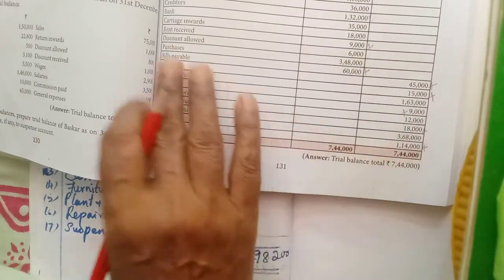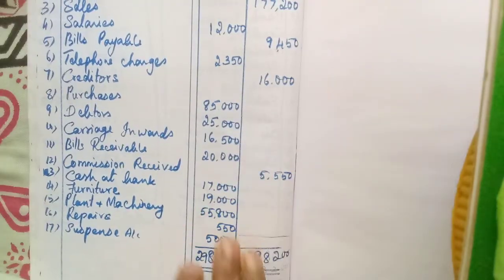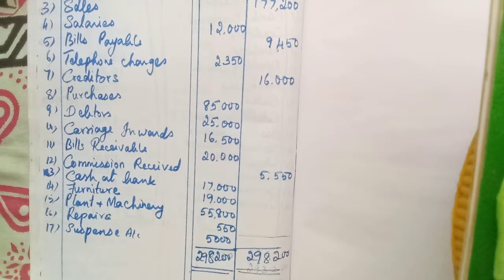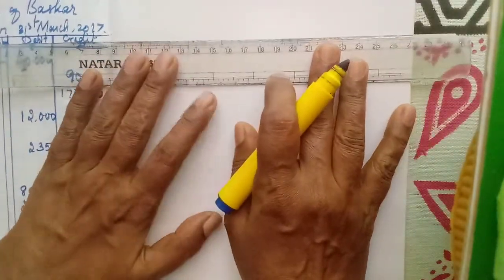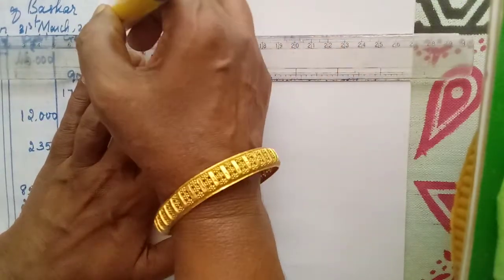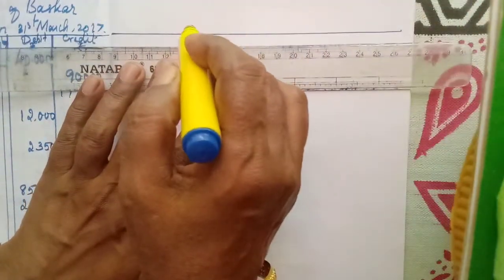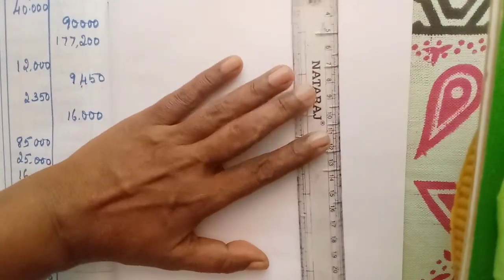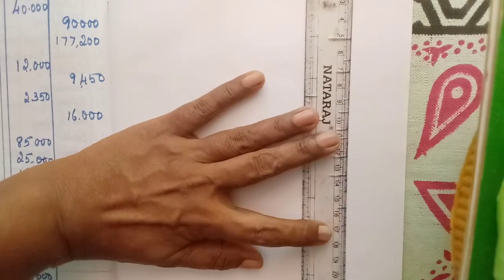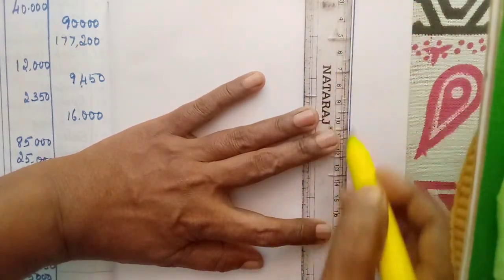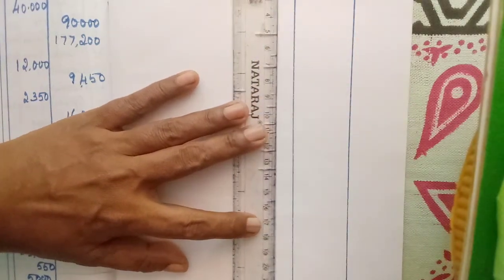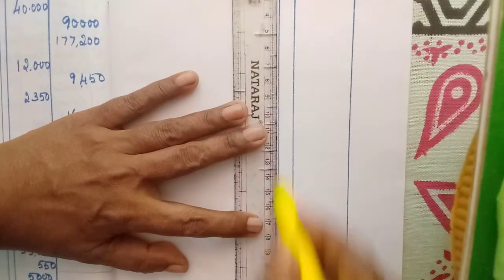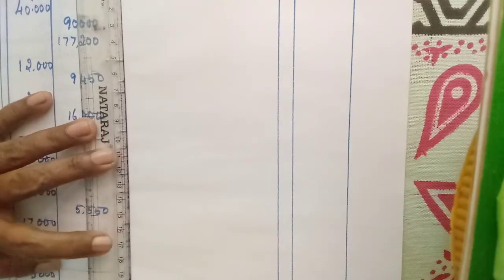Okay, students, now we will do this one. We will draw line. Debit, credit, LF, then number.